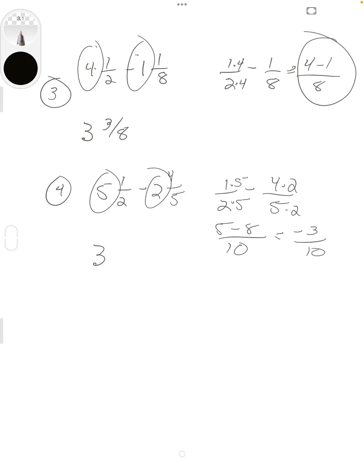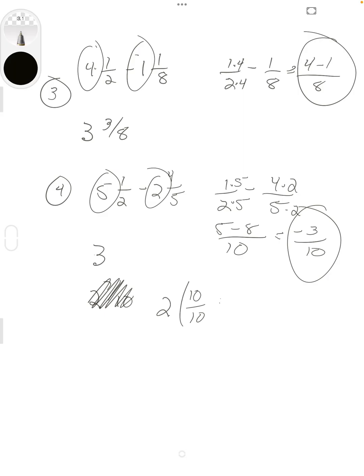So what I've got going on here is I've got 3, but I have 3/10 less than that. So 3/10 less than 3 is going to be 2 and 7/10. Just do that in your head. Another way to think of it is, I can borrow 1 from here and write this as 2 and 10/10, right?